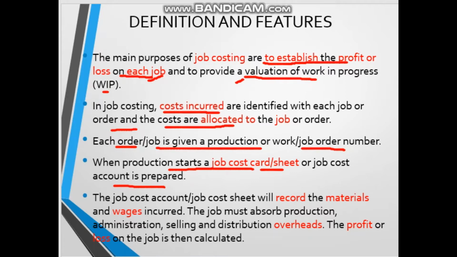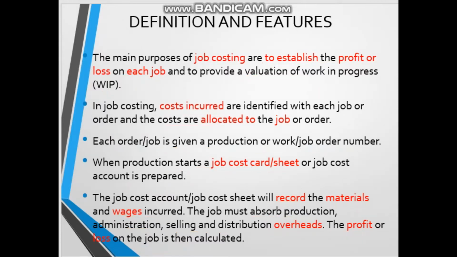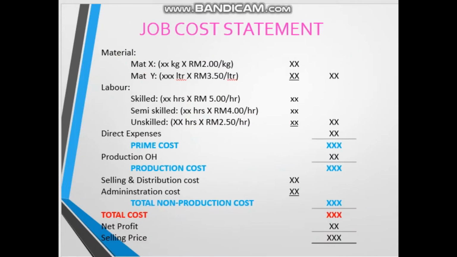It will record all the materials involved, wages incurred, the overhead absorbed, admin, selling, and all the costs involved. We also want to know the profit or loss for that job. So we calculate all the costs involved in producing the job required by the customer.